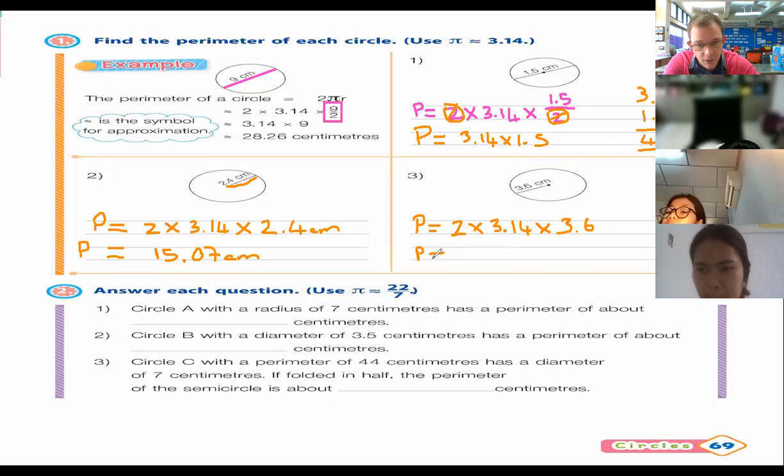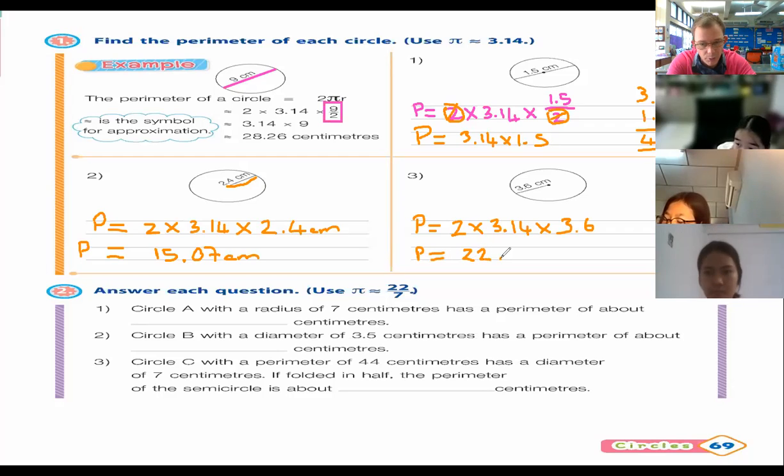So our perimeter will equal 2 times 3.14, which is 6.28, multiplied by 3.6, which will give us, I think it's 22.61 centimeters as our perimeter. Okay.